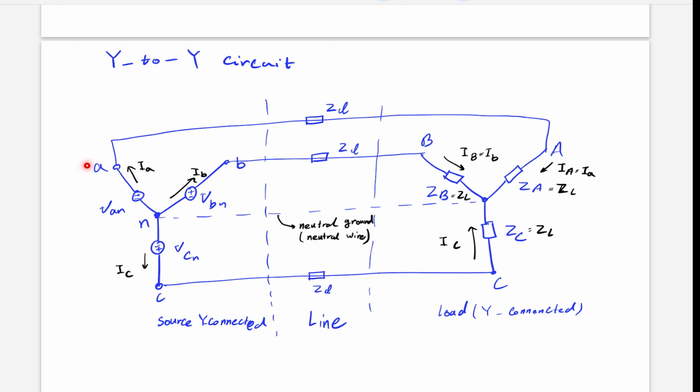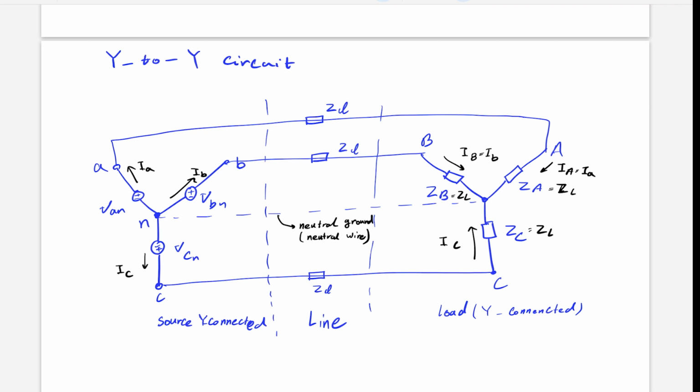So consider this is a generator outside the city, and with those transmission lines, we're connecting it to the load, which is, for example, a city or a factory or customer. And the factory is also in the form of Y connection.